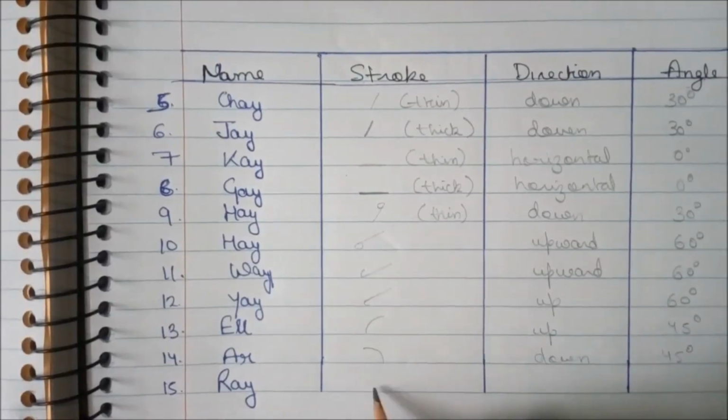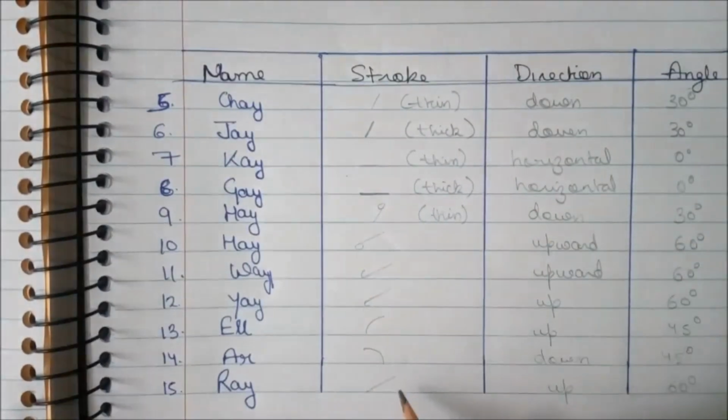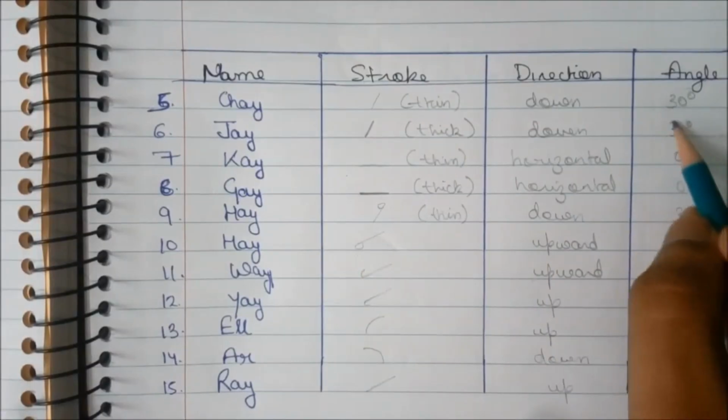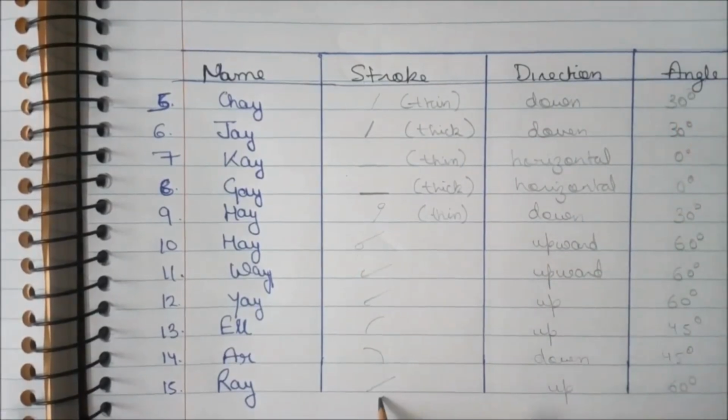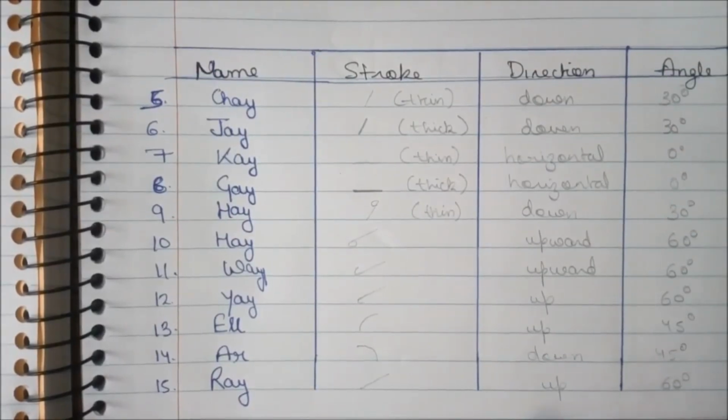Next stroke is Re. Its direction is upward and its angle is 60 degree. So the difference between Ch, J and Re is that Ch and J are drawn at a 30 degree angle and the Re stroke is drawn from the vertical at a 60 degree angle.